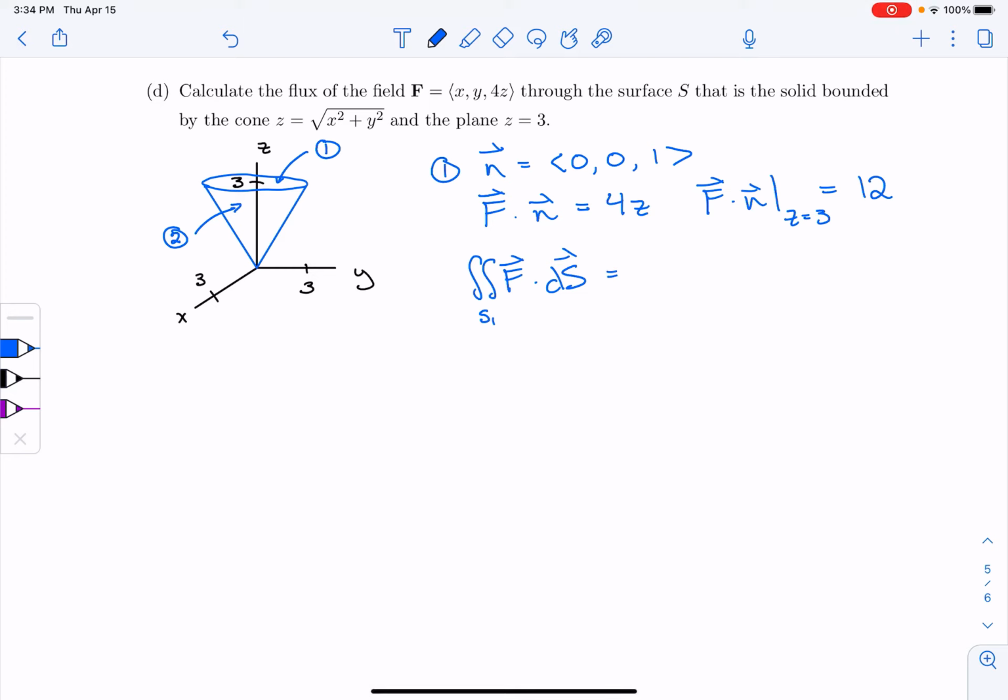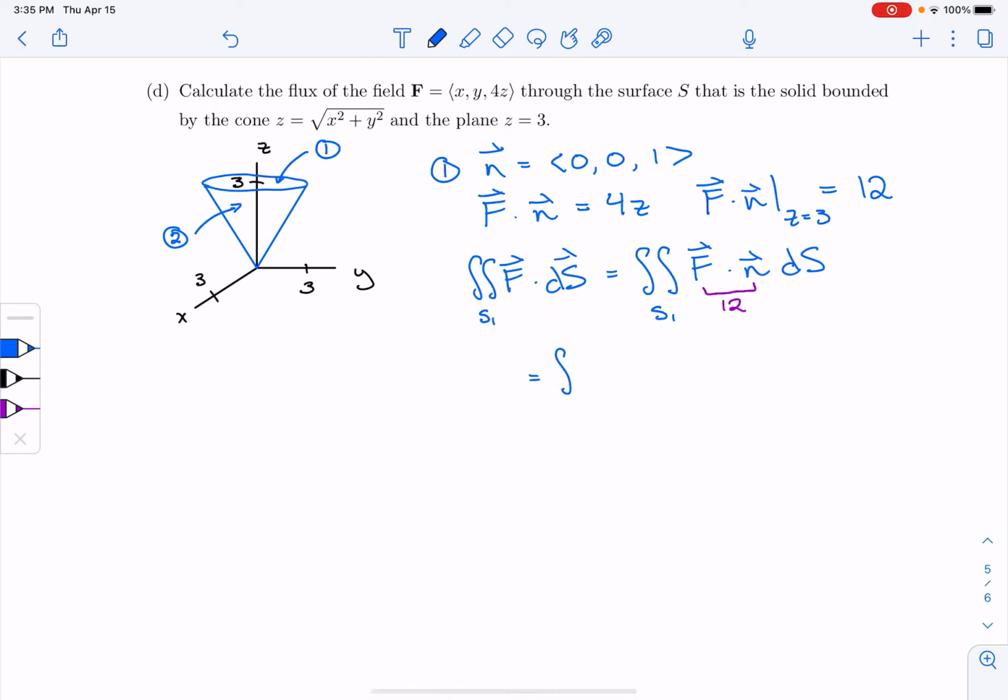that is going to be the double integral of f dot n, which we know to be 12, ds. And then I can describe the ds any way I like. Because it's a circular region, I'm going to describe it in terms of polar coordinates.